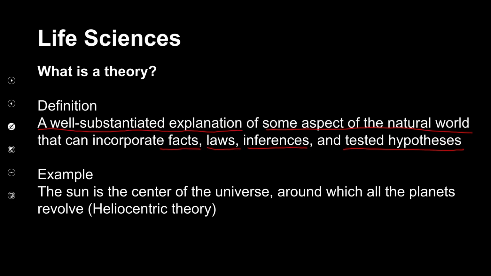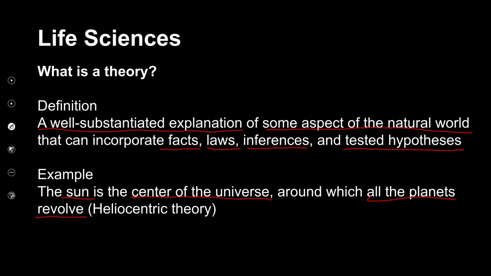If we look at this example, we know and we accept it as fact that the sun is the center of the universe. Okay, so everything revolves around the sun. All the planets, including Earth, would revolve around the sun.